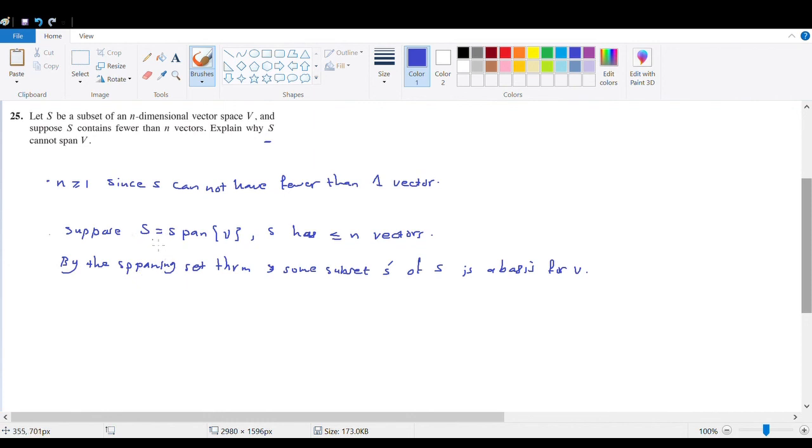So first we assume that S is a span of V. So that means S has less than or equal to n vectors. If we take a subset from S, by the spanning set theorem, this subset of S is a basis for V. And this subset of S, that means S dash contains fewer than n vectors.